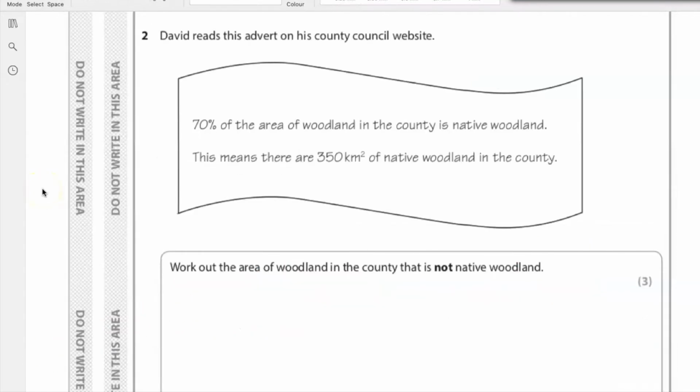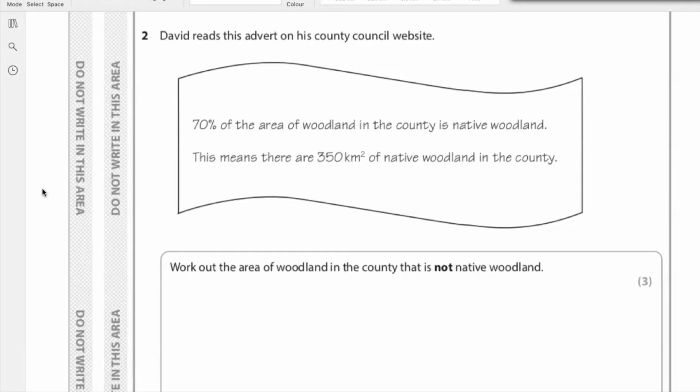Question 2. David reads this advert on his county council website. 70% of the area of woodland in the county is native woodland. This means there are 350 kilometers squared of native woodland in the county.